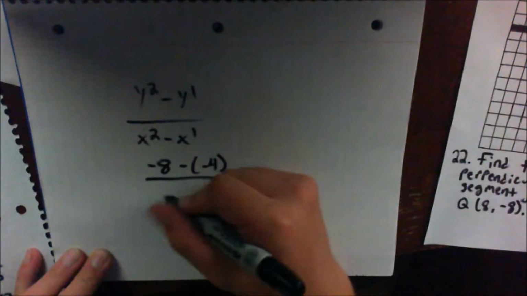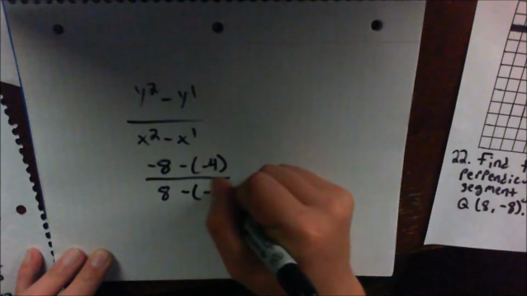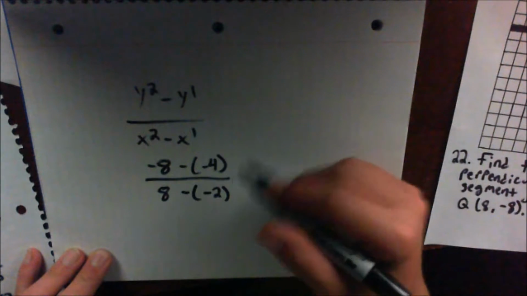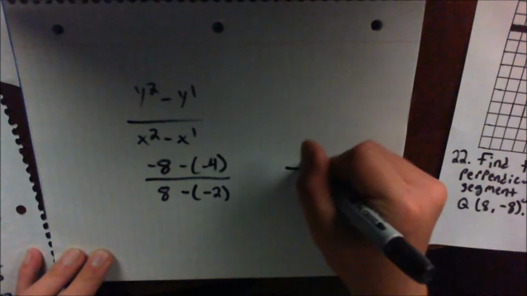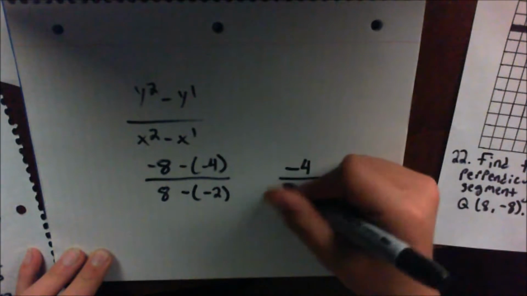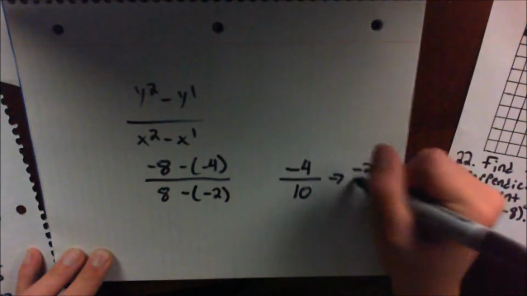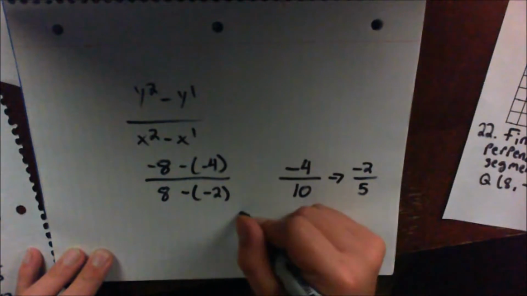Our x2 value is 8, and our x1 value is -2. Put all that together, you get -8 plus 4, which is -4, over 8 plus 2, which is 10. This simplifies to -2/5. This is going to be our m value in our formula.